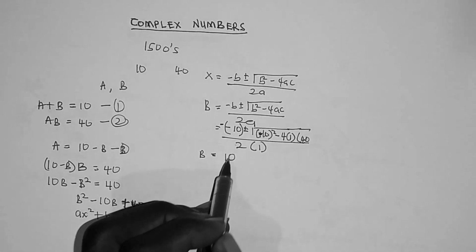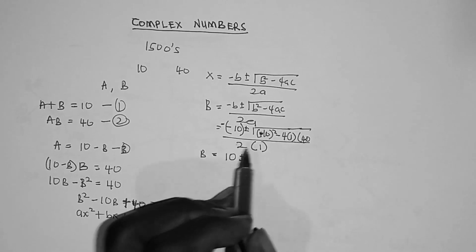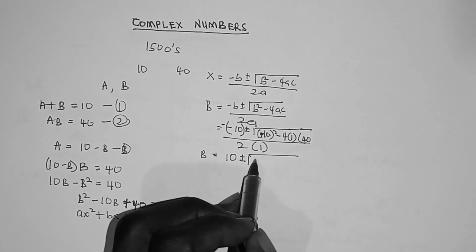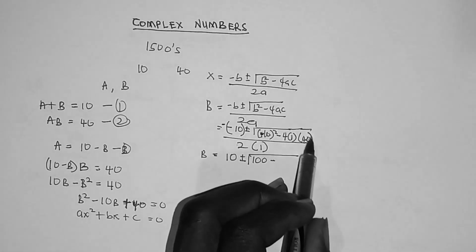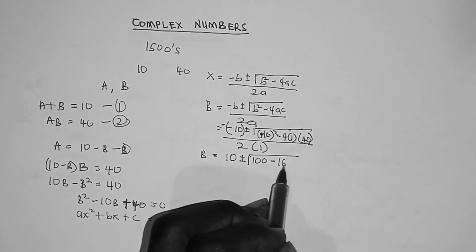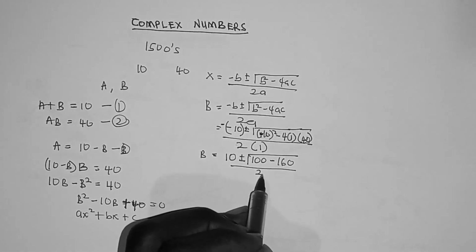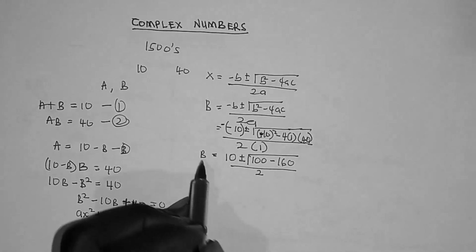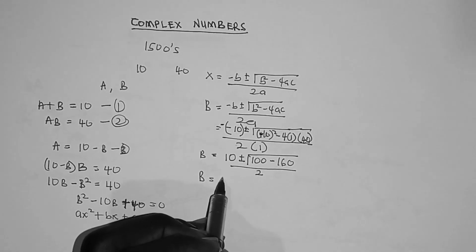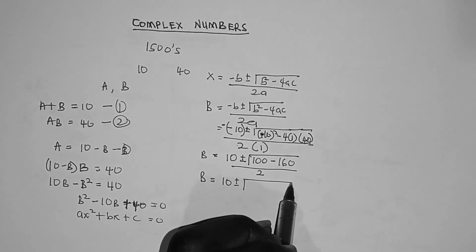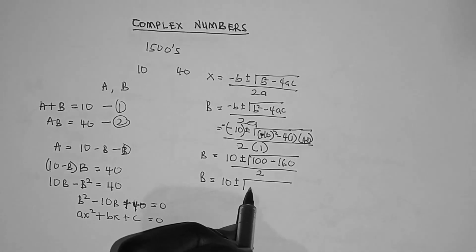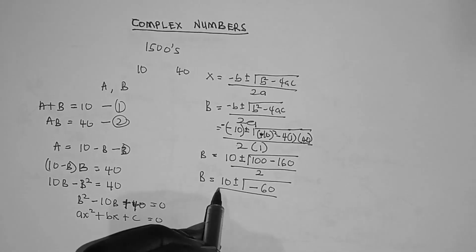So it becomes 10 plus or minus square root of 100 minus 4 times 40, which is 160, divided by 2. So B is equal to 10 plus or minus square root of 100 minus 160, which is minus 60, divided by 2.